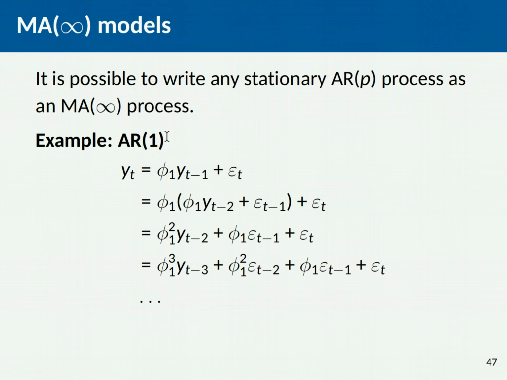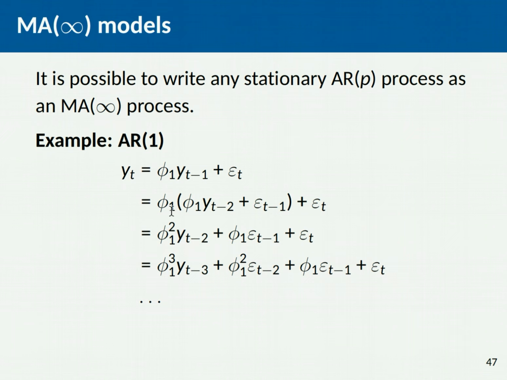But the idea here is if you iterate on the autoregressive process of order 1, which says yt equals phi1 yt minus 1 plus epsilon t, and you keep substituting in the values of yt minus 1, you iterate this equation one period back, then substitute in for yt minus 2 and yt minus 3.